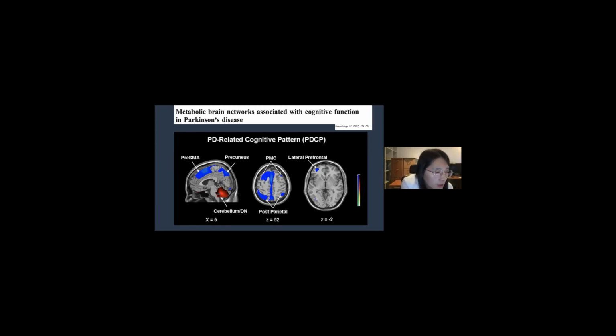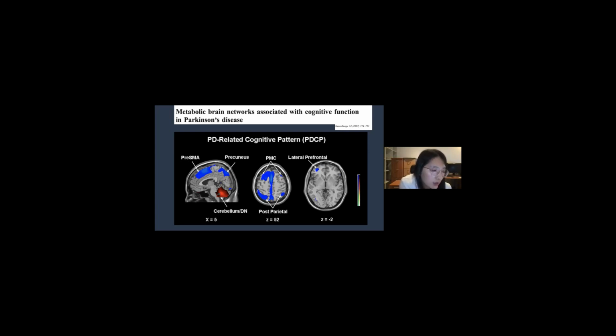To identify such a cognitive-related pattern, investigators studied non-demented PD patients using FDG PET and a voxel-based network modeling approach. This PD-related cognitive pattern, which is called PDCP, was identified by spatial covariance analysis of FDG PET scans from 15 PD patients. This pattern revealed metabolic reduction in frontal and parietal association areas and relative increase in cerebellar vermis and dentate nuclei.